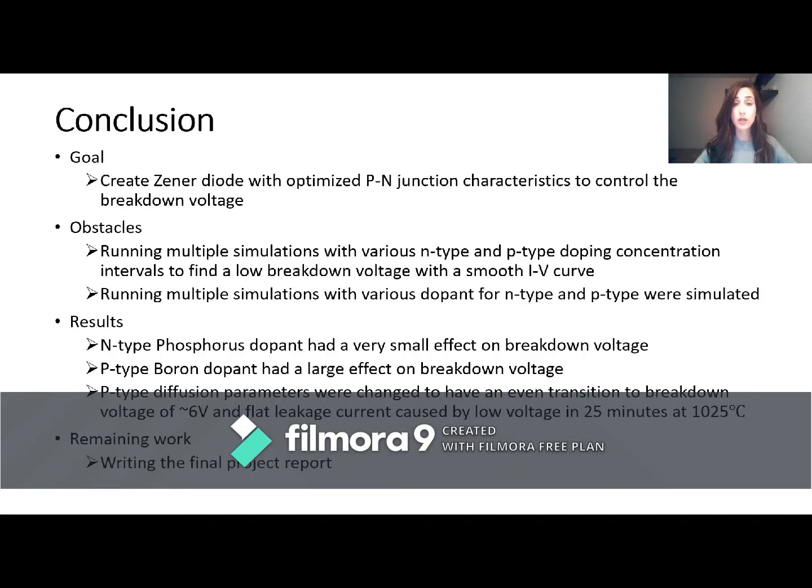Conclusion. The goal of our project was to create a Zener diode by optimizing p-n junction intrinsic characterization to control the breakdown voltage. As Byron and Ryan explained in previous slides, the Zener diode permits current not only in forward direction, but also in reverse direction when the voltage is greater than the breakdown voltage.